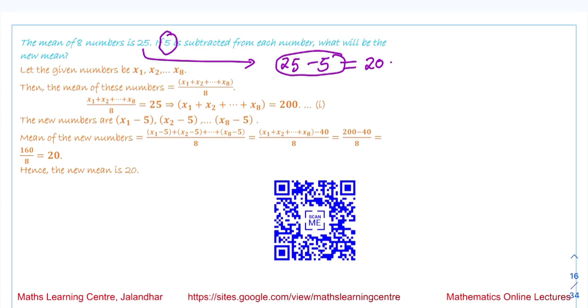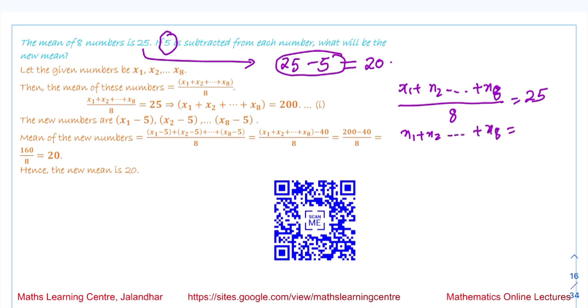So if we have to prove it, the mean of 8 numbers is x1 plus x2 so on up to plus x8 over 8, that is equal to 25. So we get x1 plus x2 so on up to x8 is 25 into 8, that is equal to 200.